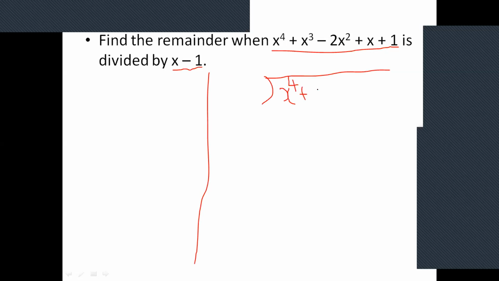Here is the long division process first, and in that case also, yes, you can do synthetic division, as somebody has specified. I had taught synthetic division to a few batches earlier.